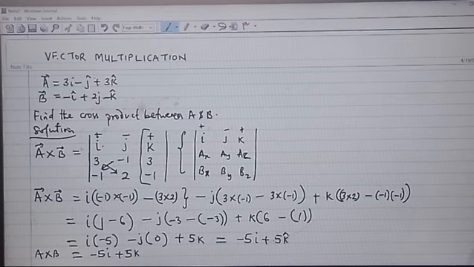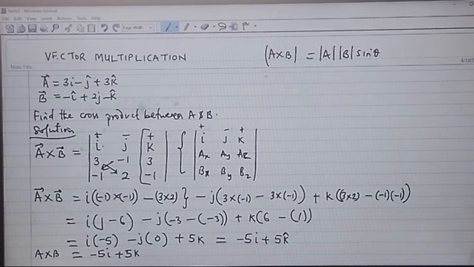We can also find the angle between A and B. Recall that the cross product between A and B is expressed as this, sine theta.